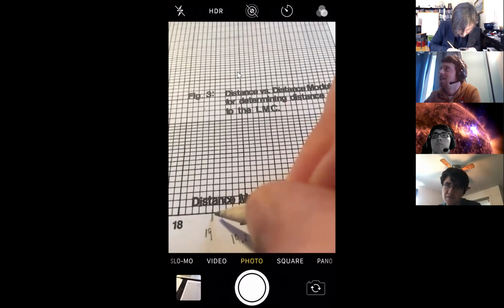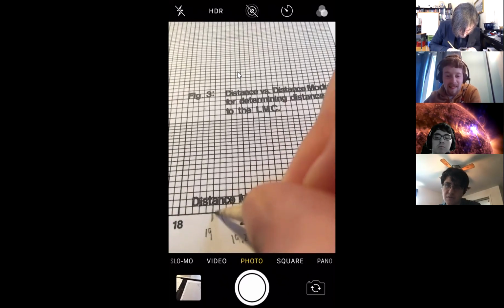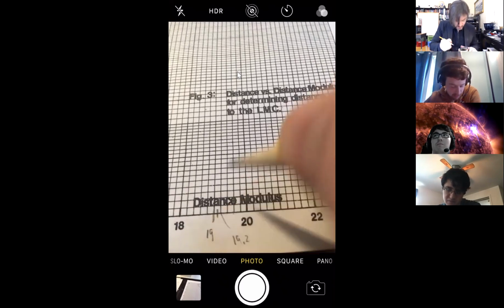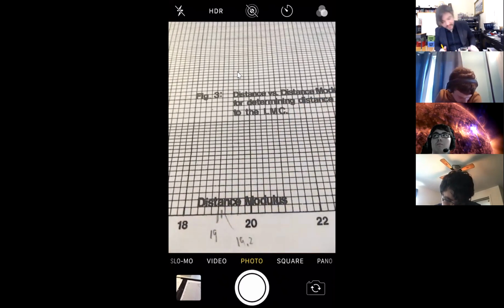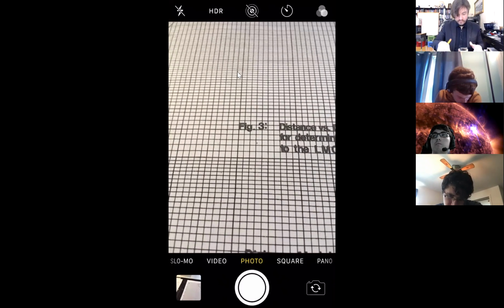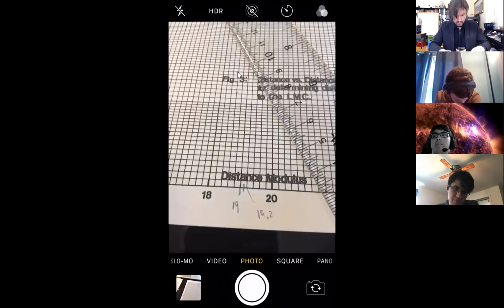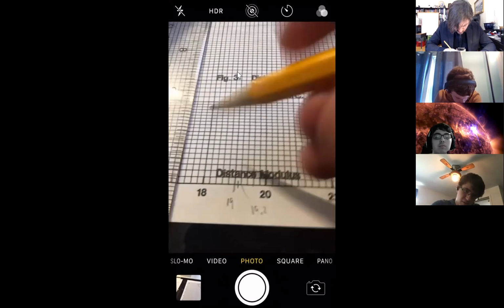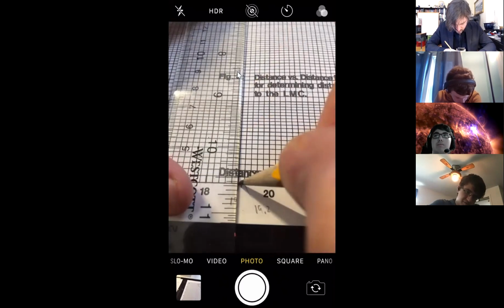Yeah, pretty much, if you round it. It'll be somewhere in between 19 and 19.2. We've got to go up to the line here, so let's do this carefully.